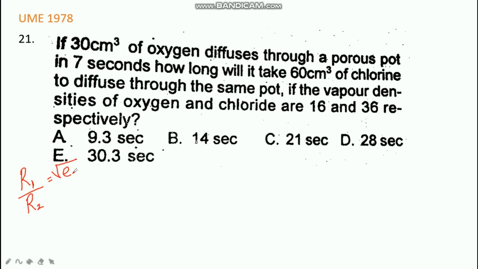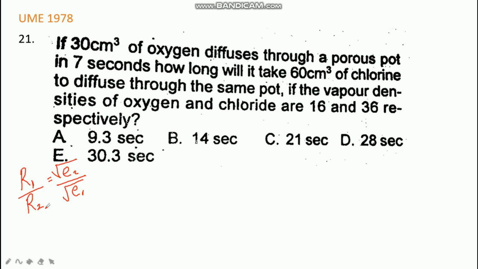So we have R sub 1 over R sub 2. The rate of the first one, we know that's going to be the volume divided by the time. The rate of the second one is going to be the volume divided by the time, which is what we're looking for.